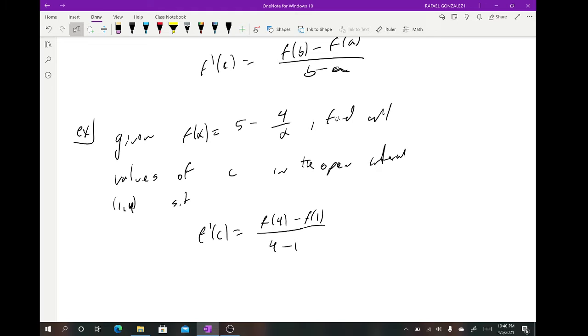Well, first of all, the mean value theorem really is giving us the slope of the secant line through these 2 points.